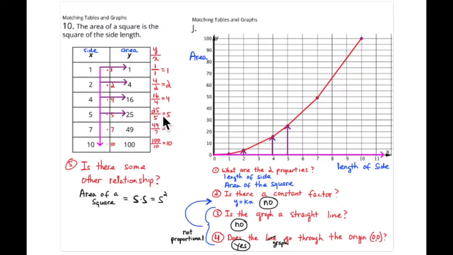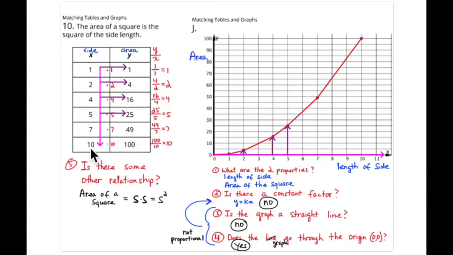So what you're doing is getting an answer for what you are dividing by. You're dividing by the length of the side, and you get the length of that side. So what that means is that 5 times 5 is going to give you the area. 7 times 7 is going to give you the area. 10 times 10 is going to give you the area.